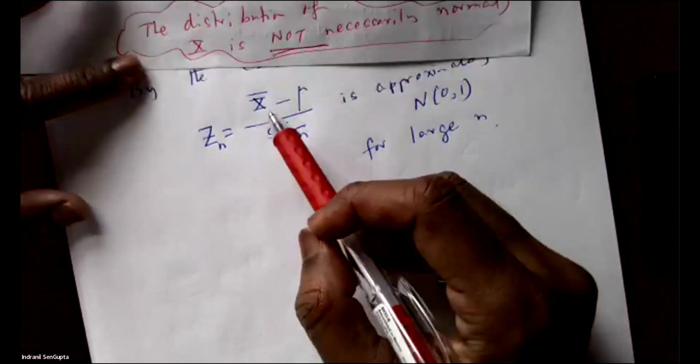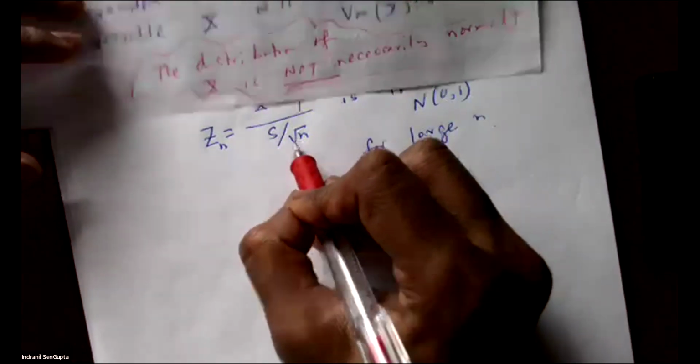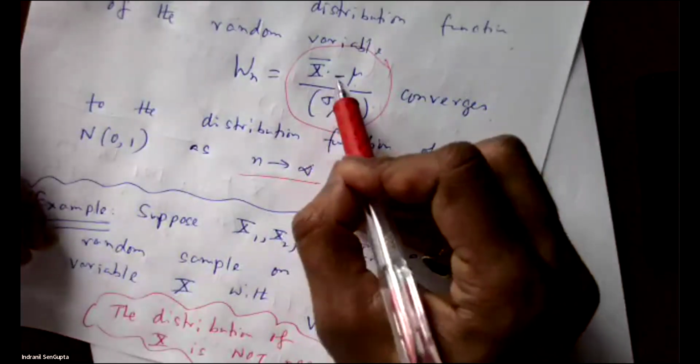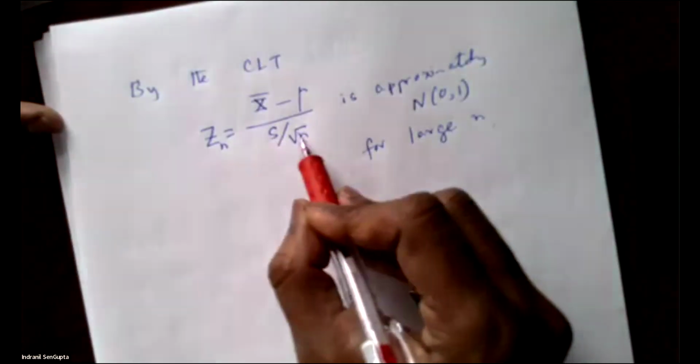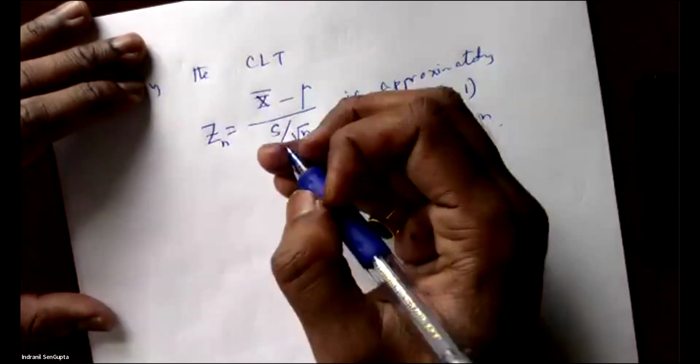Then we have this quantity s over square root of n. So sigma is estimated by s, and then we divide by square root of n. We have seen that by the central limit theorem, this is approximately the standard normal distribution.